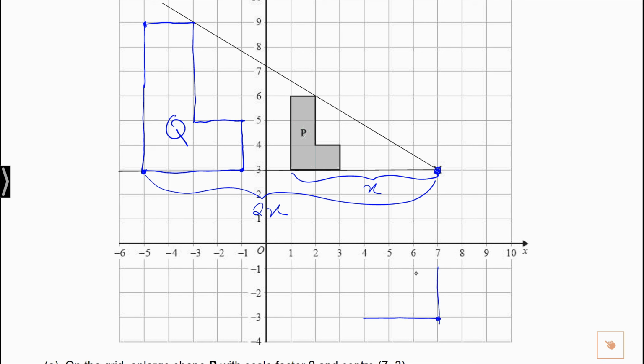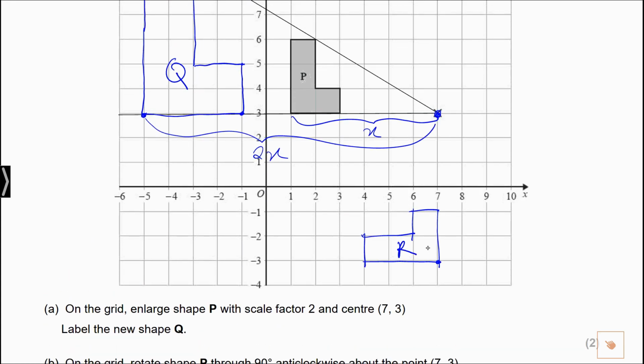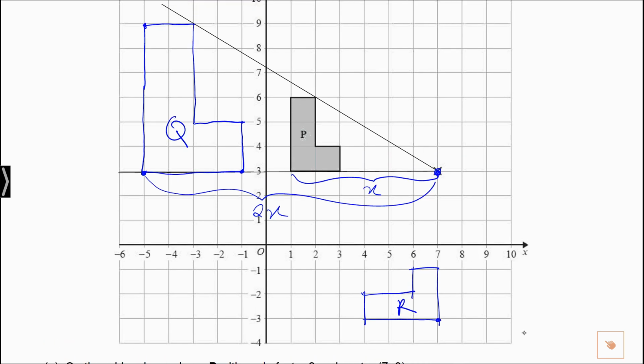And then you just finish up the remaining shape. And we are required to label this shape R. So this is shape R. But alternatively, I would recommend that you use a tracing paper. The tracing paper will help you out a lot.